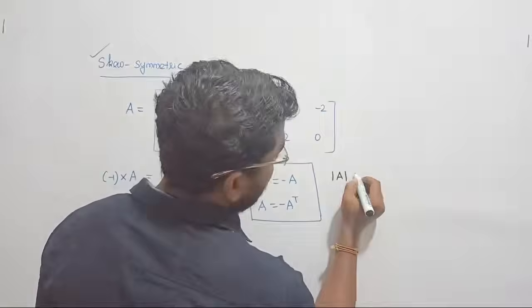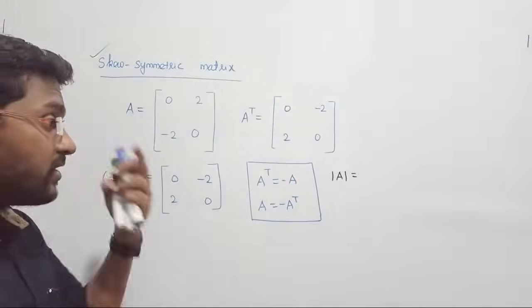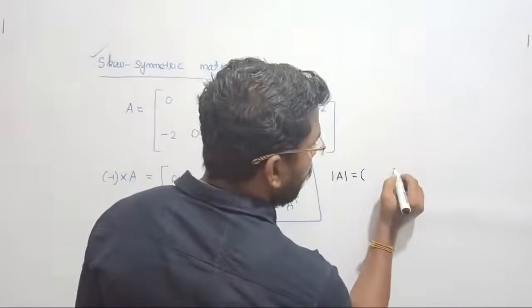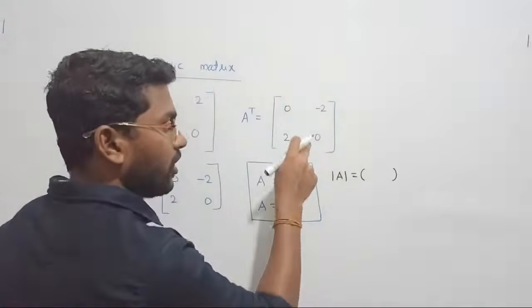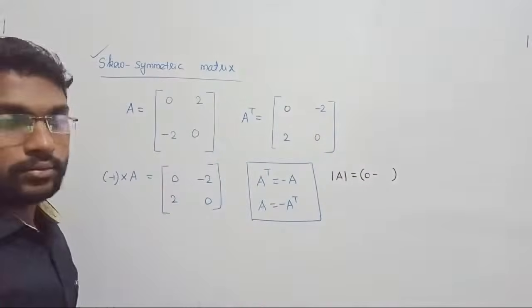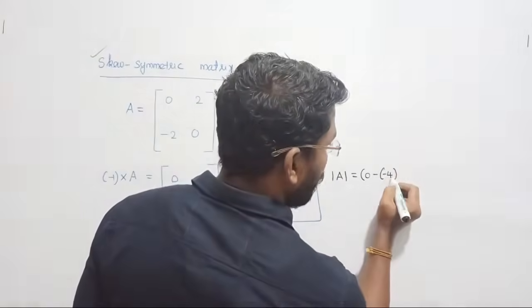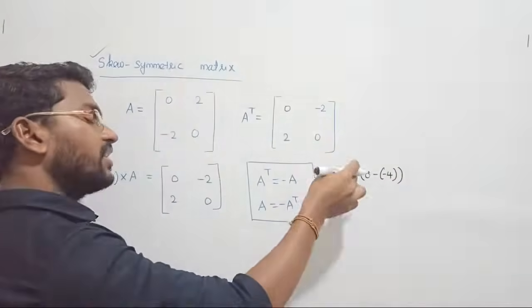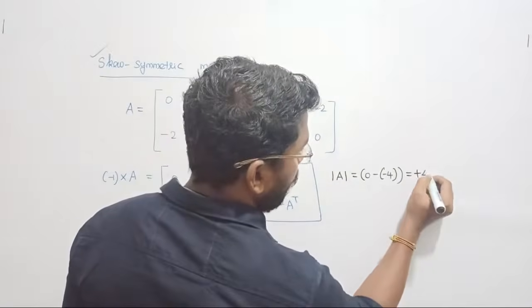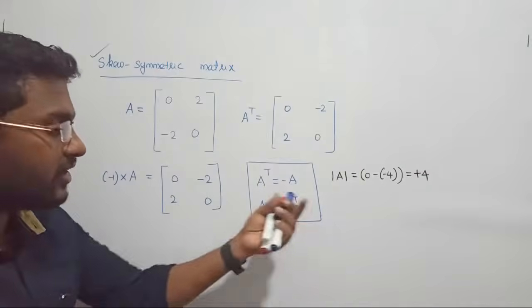The determinant is the product of the diagonal, 0 into 0, minus the product of the off diagonal, 2 into minus 2, which is minus 4. So 0 minus of minus 4 will give you plus 4. Clear? That is the determinant of the matrix.